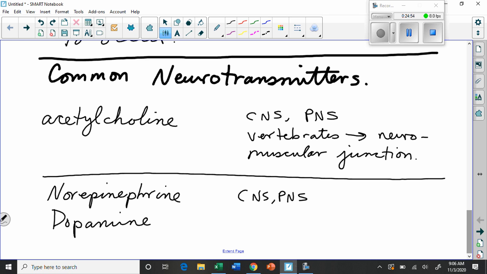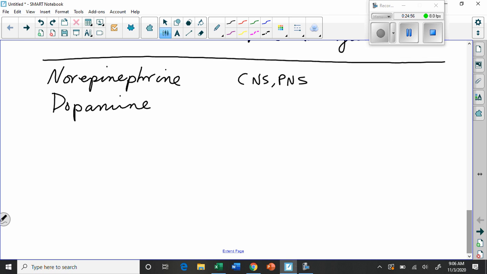And lastly, in this group, we'll have serotonin. You probably have heard of these guys. Serotonin is usually just the central nervous system, but dopamine can be both. These are our neurotransmitters that we often hear about.